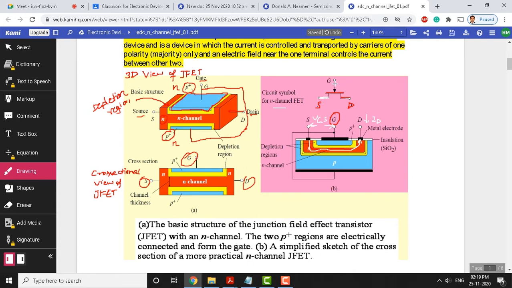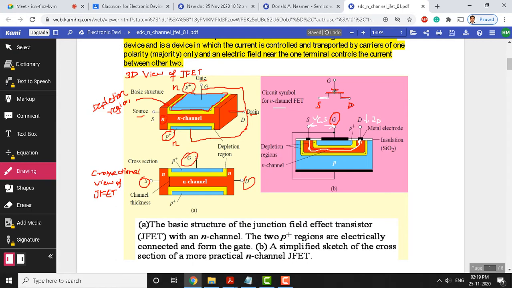On top of that, you can see an arrow mark, which shows the electric field or voltage applied between gate and source. Since there is no gate current here, this is not a gate current or conventional current direction. The arrow mark shows the electric field applied from the gate to the channel region.